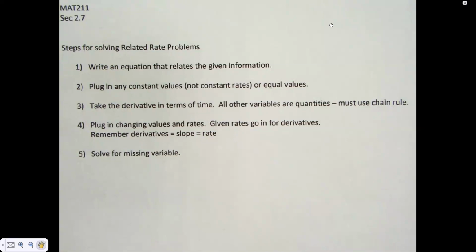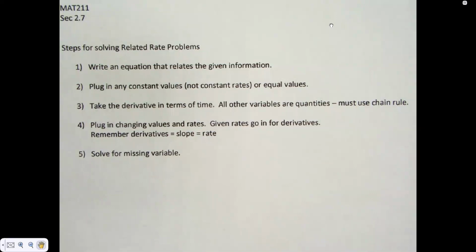Okay, so the procedure is to find an equation that relates the two things together. We got to figure out how are we going to relate volume of a sphere, this balloon, to the radius of the sphere or the balloon.